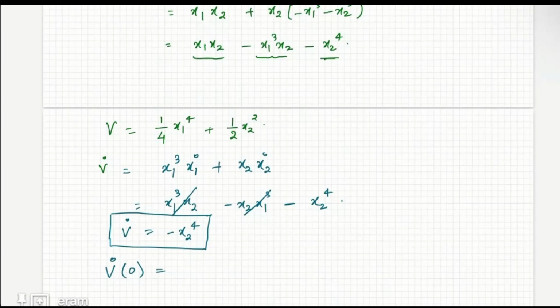You can see that V dot will be 0 when x2 is equal to 0, but there is no information on x1. On what values of x1 will this V dot be 0, because V dot is a function of x2 only. Then in such cases we cannot say that V dot is negative definite, but at least we can say that V dot is negative semi definite.